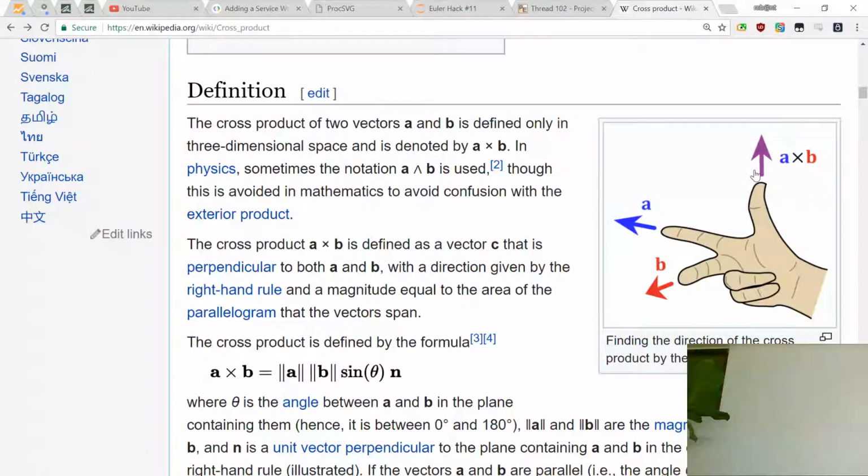And then BC multiplied by BO. Now BC and then BO will be this.